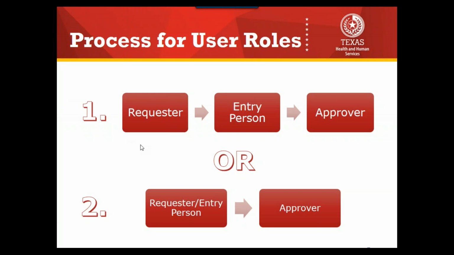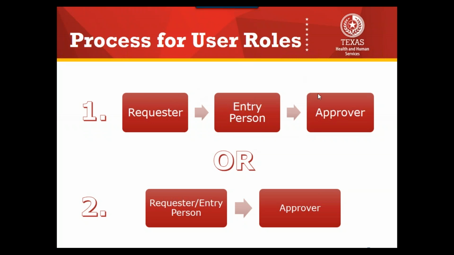Most businesses have a form that they fill out, and they turn it into the entry person. This entry person is the actual requester. They are the person who has the requester role in CAPS Financials. They will be the one who is logging in and doing the data entry into CAPS. And then the last step is it will go to the approver. The approver will be the one who logs in and says it's okay for y'all to make the purchase.